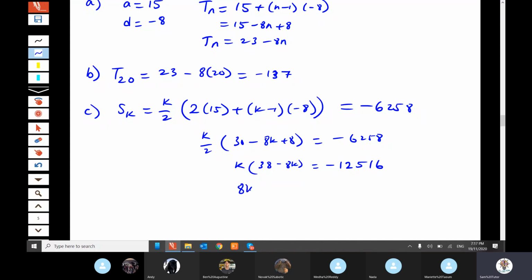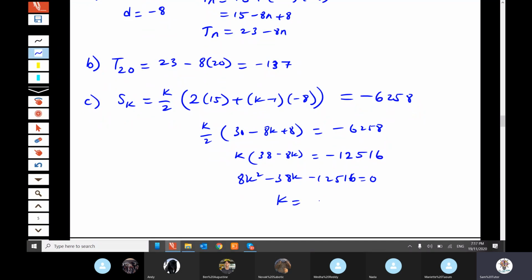Yeah. 8k squared minus 38k minus 12,516 equals 0. I expanded and brought it to the right hand side. And then apparently k equals 42, because the other one I'm guessing is negative.